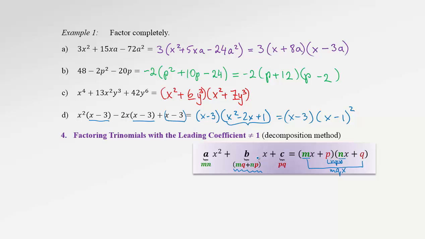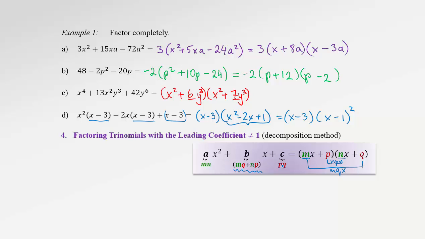So that's our b coefficient. Depending on how complex the outside coefficients a and c are, that's how difficult the question may be. Because the more complex the a is, the more choices there are for m and n. Similarly, the more complex c is, the more choices we have for p and q.